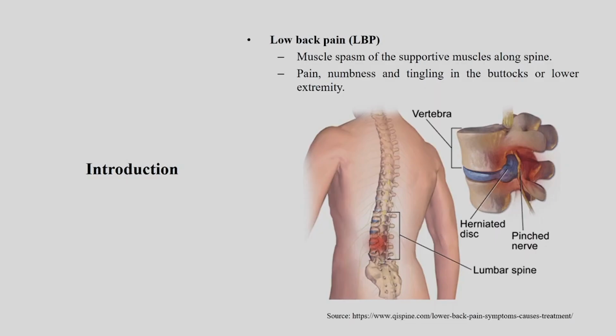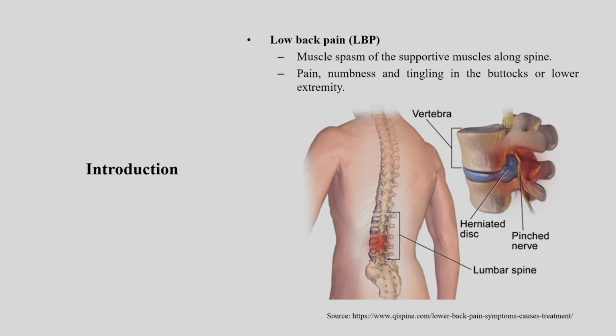So, for this particular instrument, low back pain is defined as the muscle spasm of the supportive muscles along the spine. Okay. So, pain, numbness and tingling in the buttocks or lower extremity. So, very specifically it talks about the lower back, only the lumbar region, not the coccygeal or the upper back.